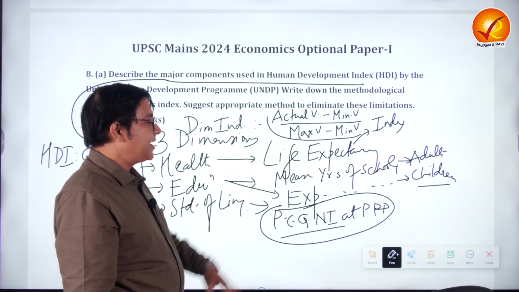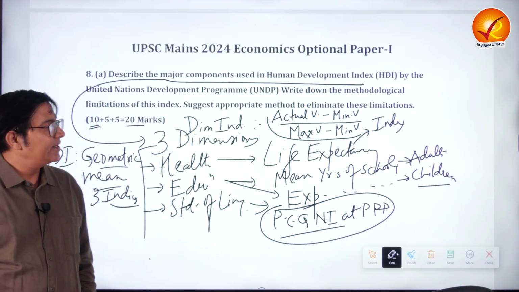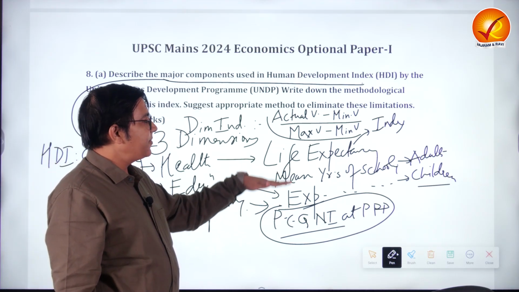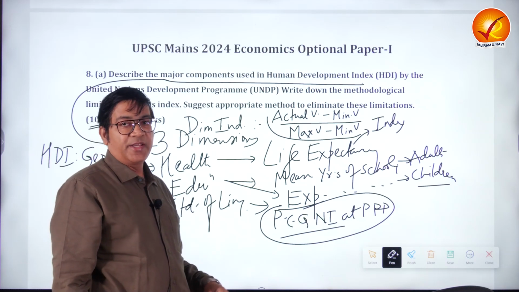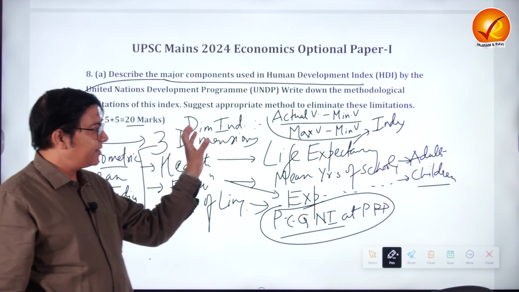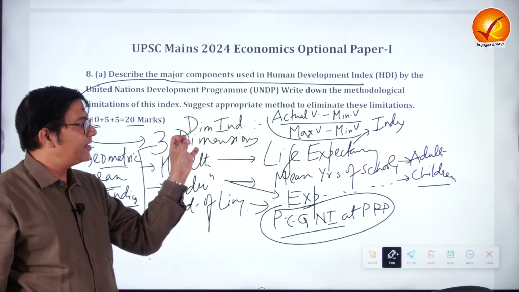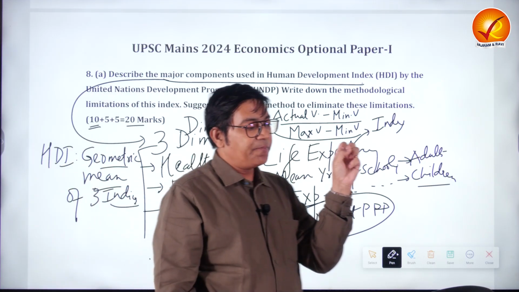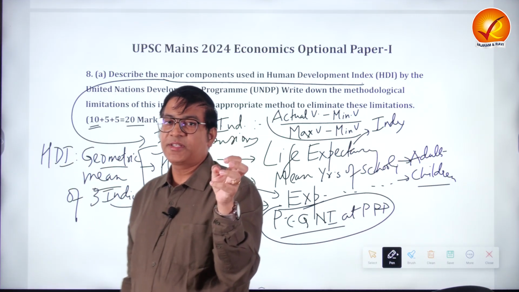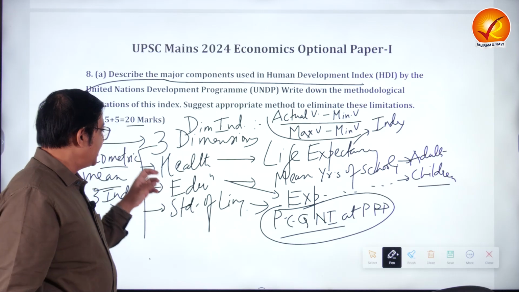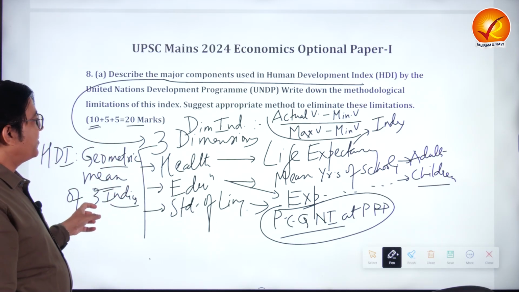Because per capita income is a highly inflated component, it cannot be directly compared with the other variables. So a compression needs to be done. To compress that, the log function is used. That is the idea behind that. And then they take the geometric mean.